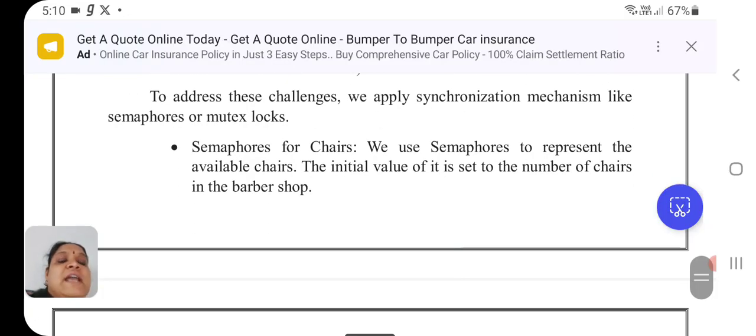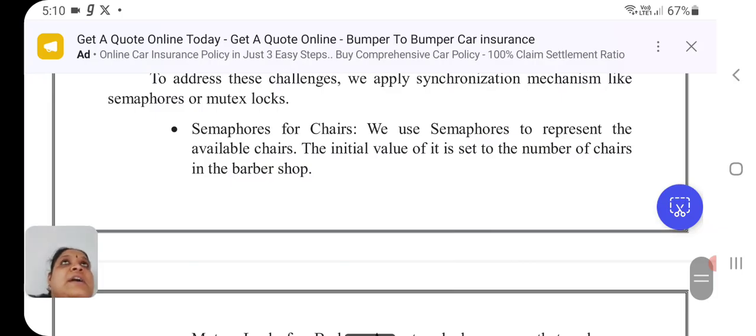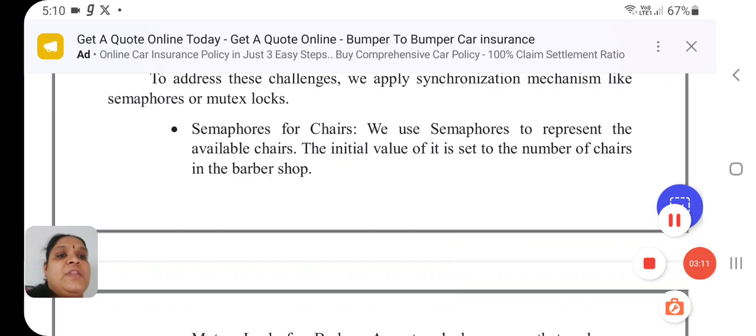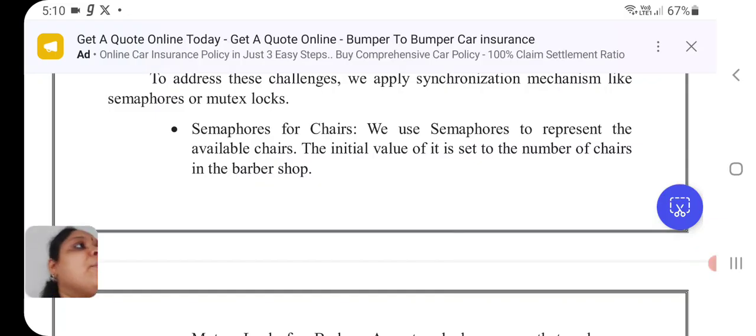To address these challenges, we apply synchronization mechanisms like semaphores or mutex locks. So what are semaphores here? We can apply semaphores to the chairs. We use semaphores to represent the available chairs, and the initial value is set to the number of chairs in the barber shop.